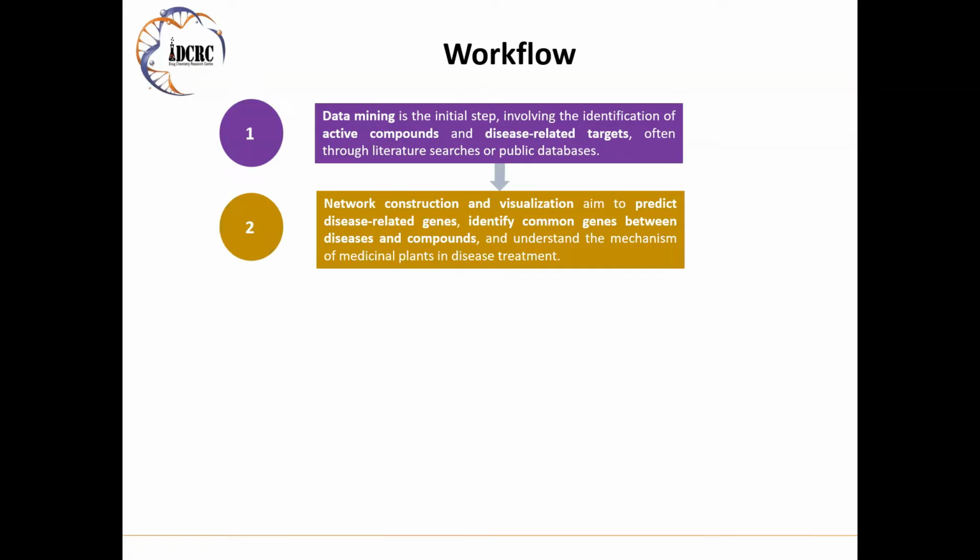Once we have collected all the data related to the active constituents, drugs and protein interactions involved in a particular disease condition or the drug targets or phytoconstituent targets, the second aim of our work is to construct a network with the help of that data.